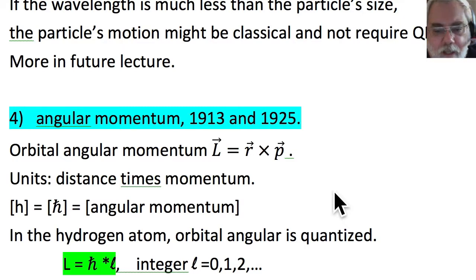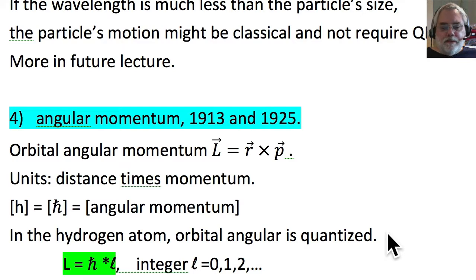We don't know it yet. We'll learn it when we do the Bohr model of hydrogen. But in the Bohr model for a hydrogen atom, Bohr proposes that the electron is in certain circular orbits around the proton, around the nucleus.